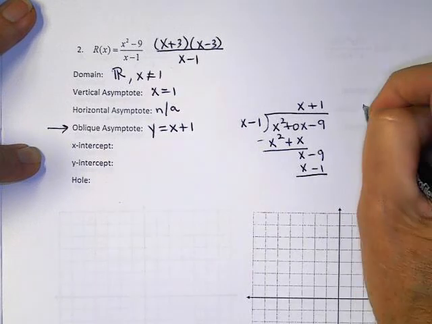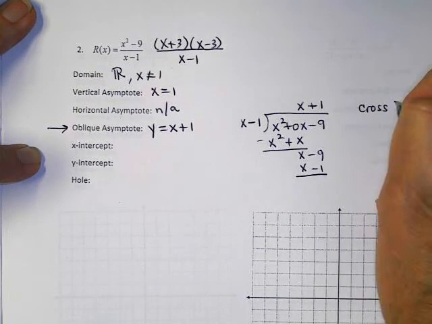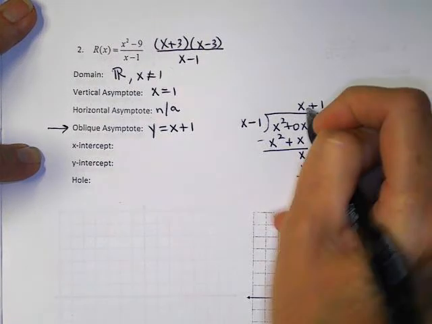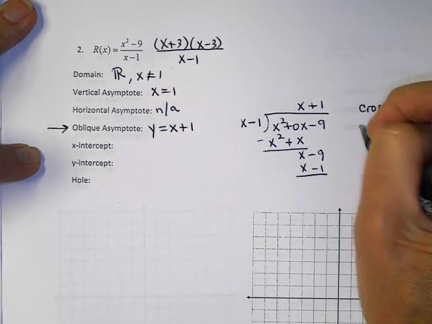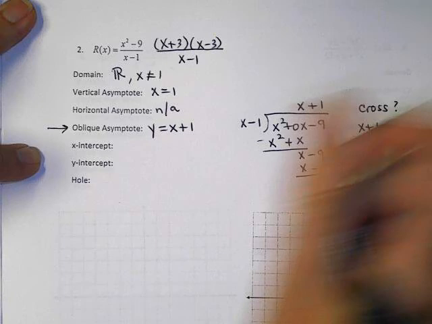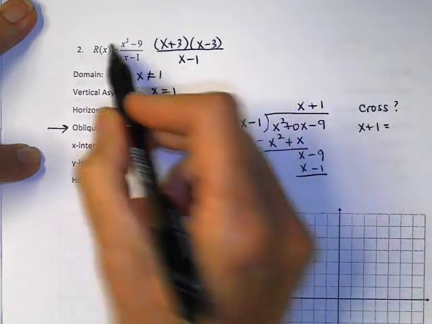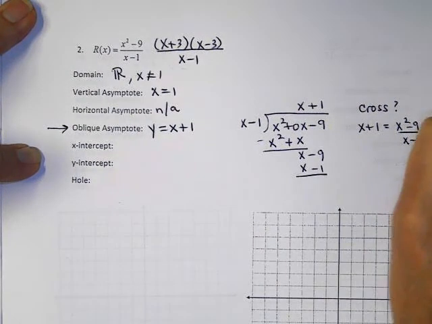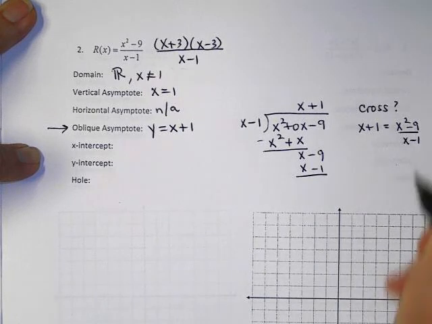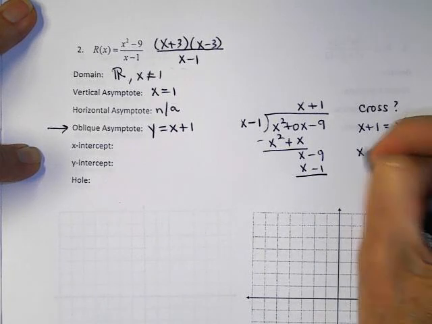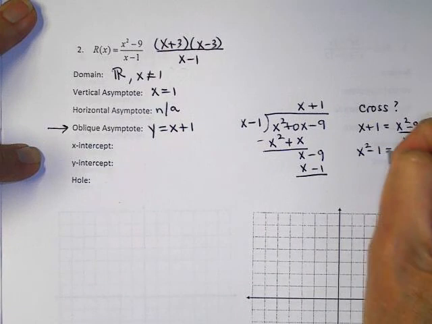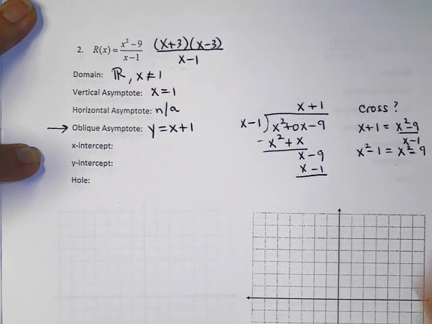So again, with oblique, just like with horizontal, we have to check to make sure it doesn't cross. So I'm going to set my asymptote, y equals x plus 1, equal to my function, which is y equals x squared minus 9 over x minus 1. So if I go to solve that, I'd cross multiply. X plus 1 times x minus 1 is x squared minus 1 equals x squared minus 9.